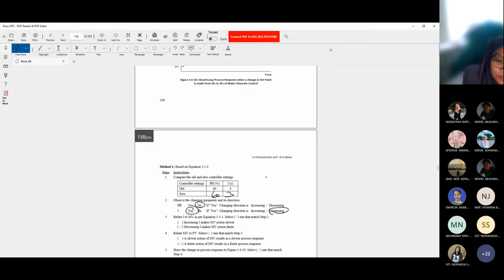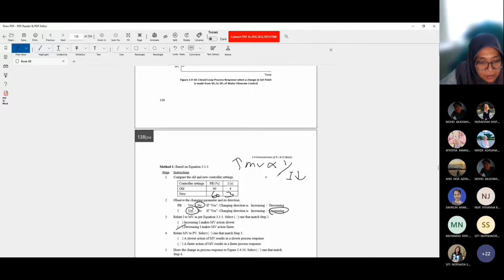So based on equation 3.11 just now, we know MV is inversely proportional to 1/I. So when you decrease the value of I, the value of MV would increase, the action is faster.